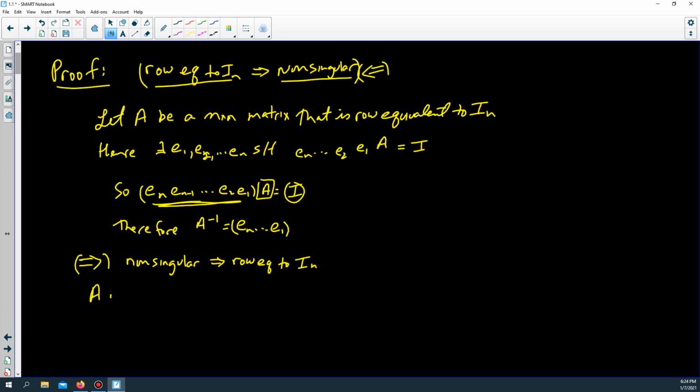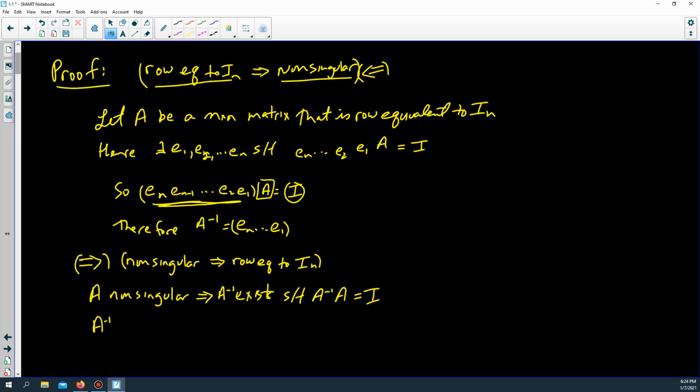Okay. Well, that's what we wanted to show. A non-singular implies A inverse exists such that A inverse times A is equal to the identity.